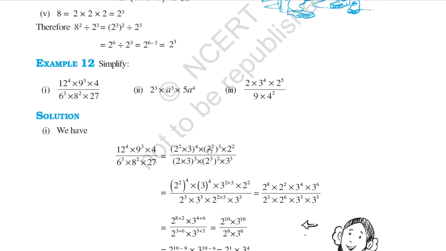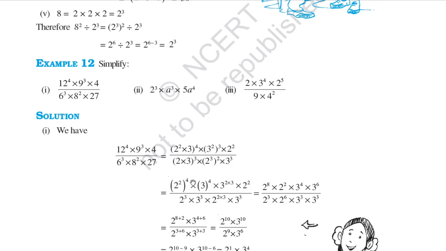You can see this 4 will be multiplied in this 2, so this will become 2 to the power 2 into 4 and 3 to the power 4. Here also, when this bracket is removed, it becomes 2 to the power 6, which will be multiplied into 2 to the power 2.